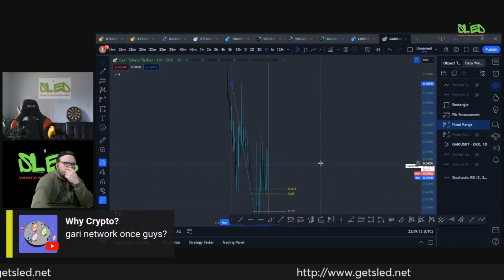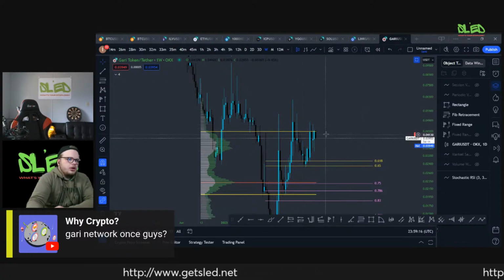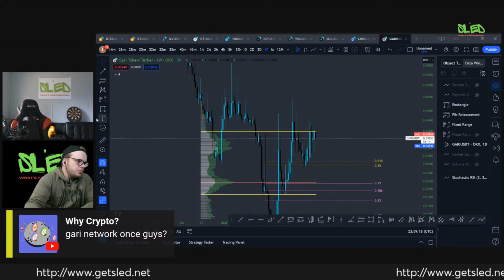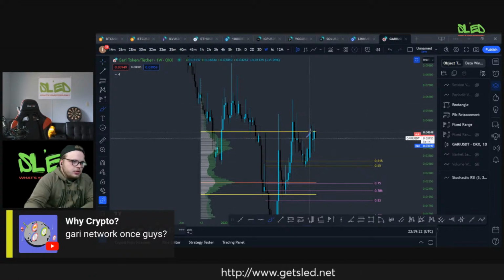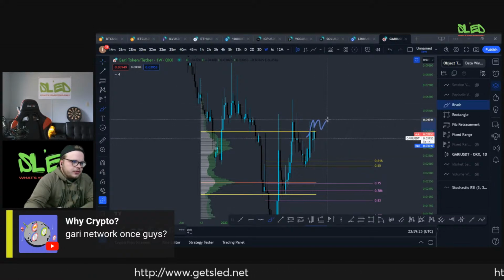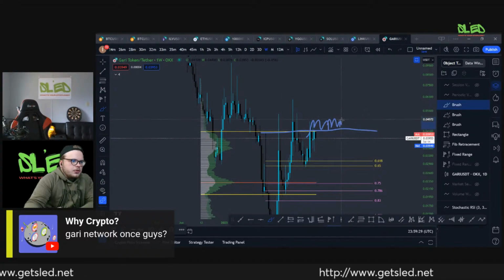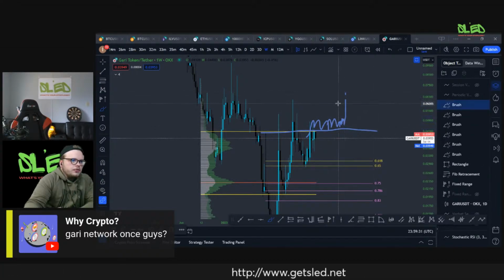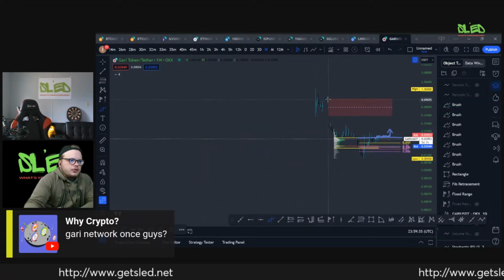Let's go on weekly. If we start going up and closing candles above this yellow level that we have, then I would look for the upside, minimum, to fill this inefficiency.